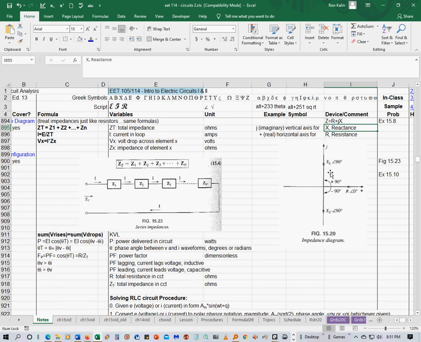Okay, so R is going to be the resistance component on the plus or real or horizontal axis going along here, that value. And then on the vertical axis, you're going to have the X value, which is going to go along here.